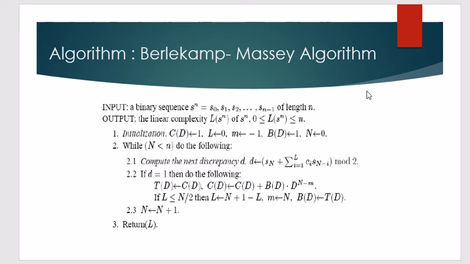This algorithm takes as input a binary sequence S of length n and generates the linear complexity L. Here we initialize C(D), the connection polynomial, with 1, and the length L with 0. Then we perform the second stage: while N is less than n, do the following operations.